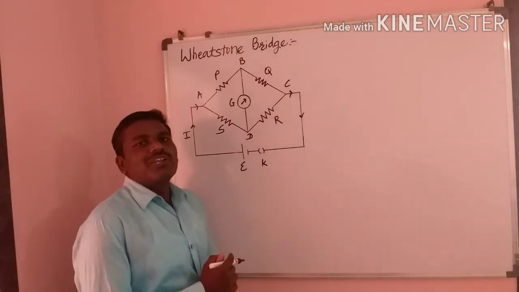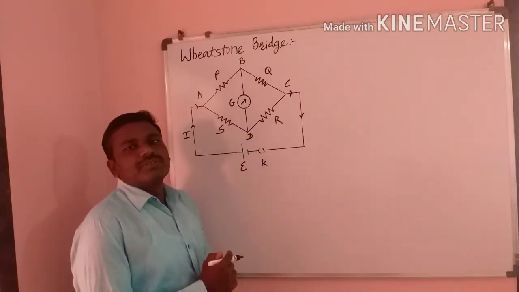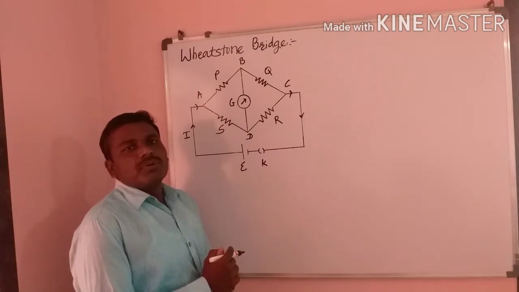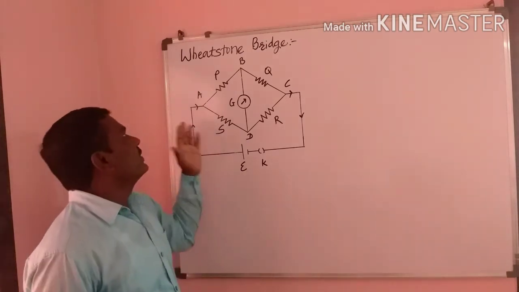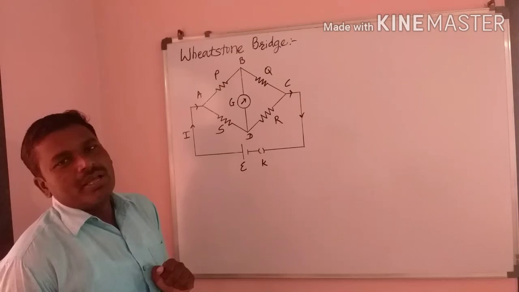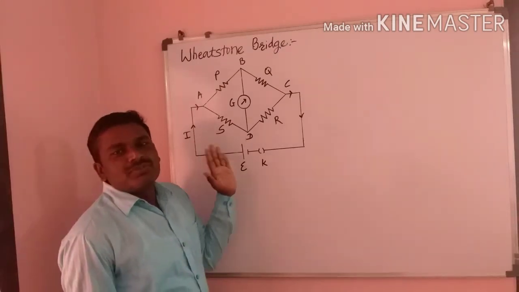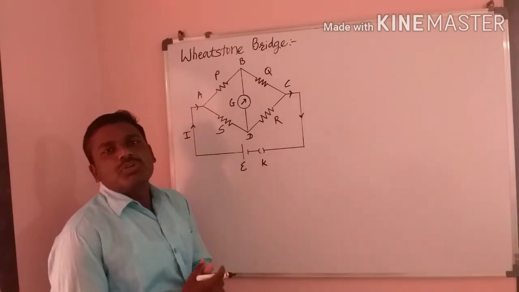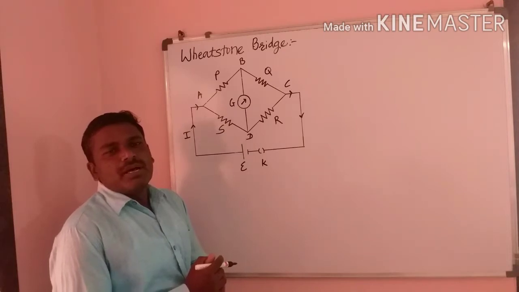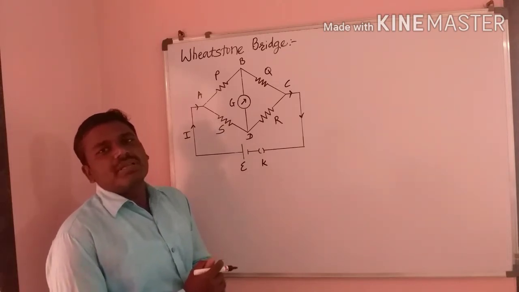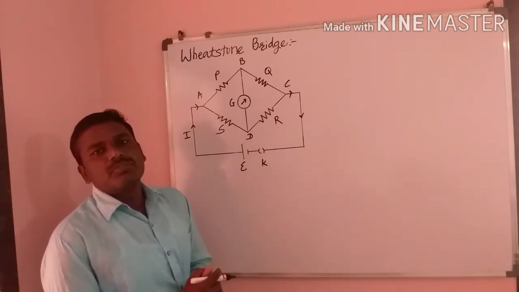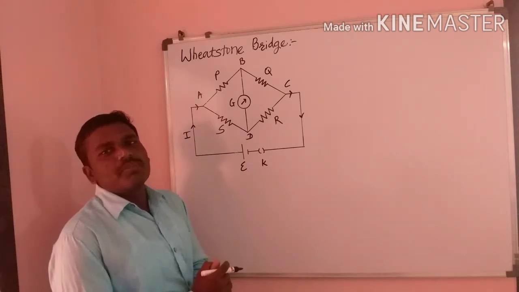Depending upon the value of resistance, if we consider the Wheatstone bridge, the Wheatstone bridge is used to measure a resistance range of 10 ohm to 100 ohm.